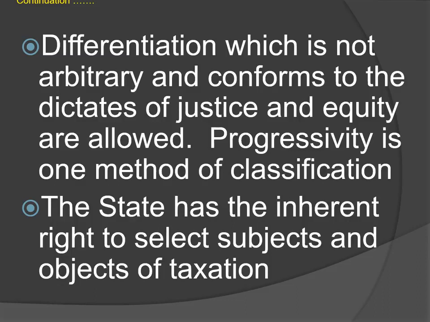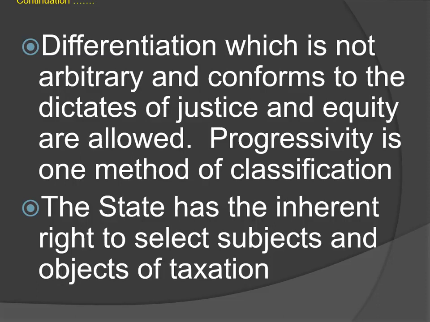But in order to be able to know whether in fact that is a valid justification, you must call to mind always the requisites of a valid classification, which we previously discussed. To recall to your memories here, the requisites are: number one, there must be substantial distinctions between the subject and object of taxation. Second, the distinction must be germane or related to the issue.